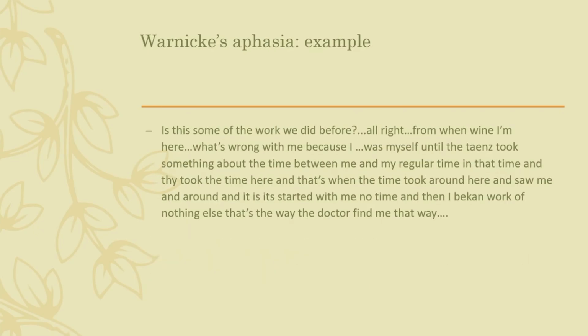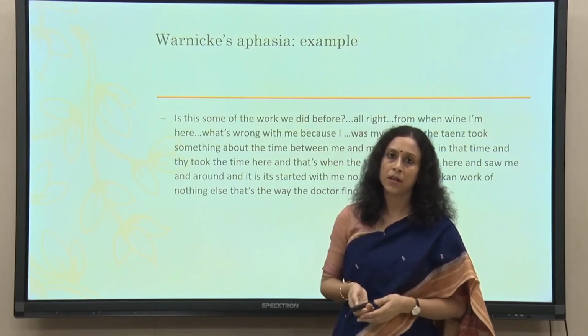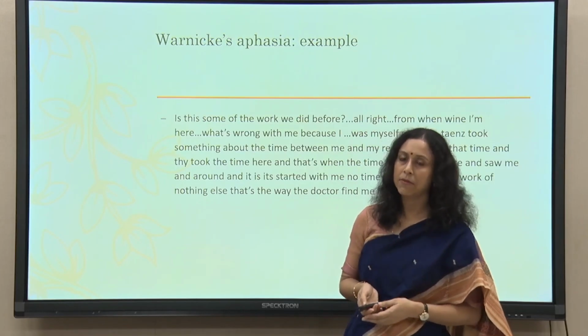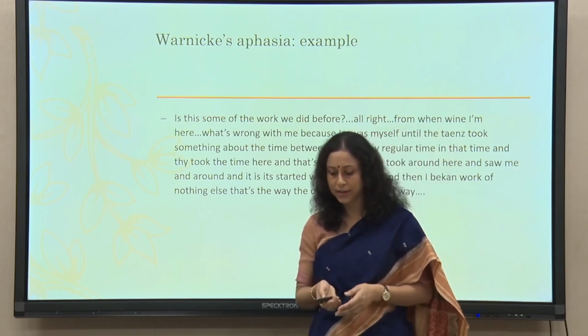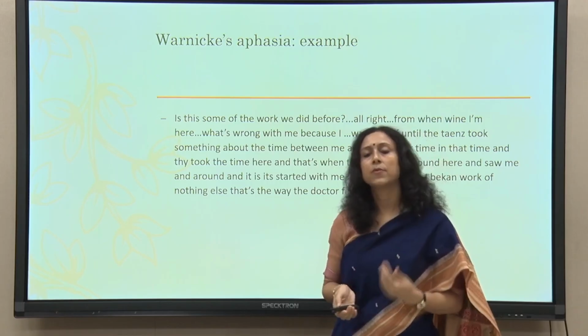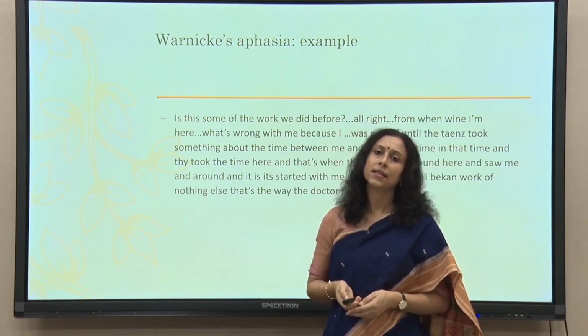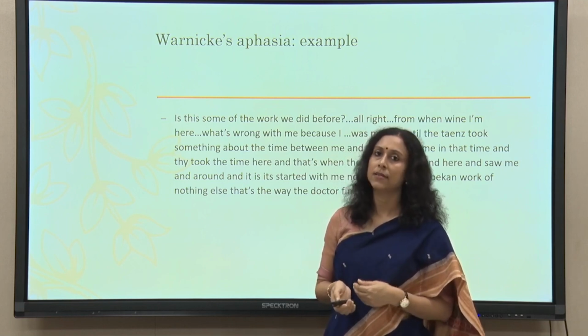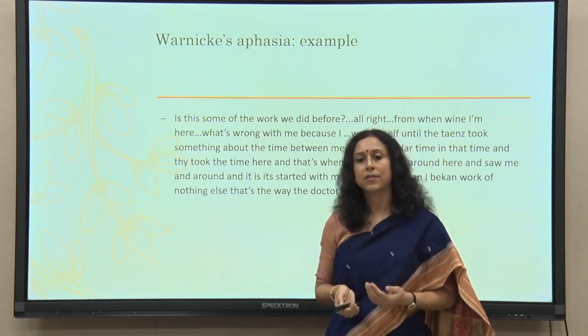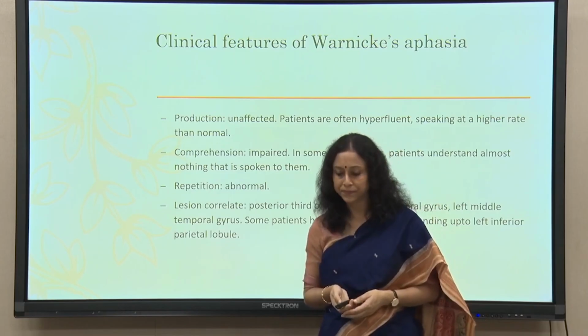And then we now go on to Wernicke's aphasia. This is yet another very well studied type of aphasia, and this is one example that we have already seen. Wernicke's aphasia, as opposed to Broca's aphasia, is a fluent aphasia, which means that the production of language is not affected, rather it is often marked as a hyperfluent aphasia.